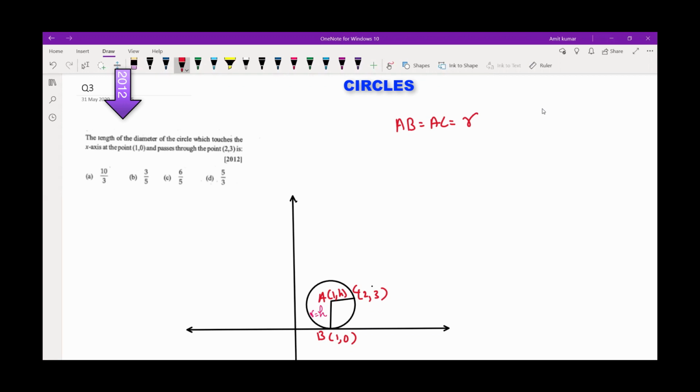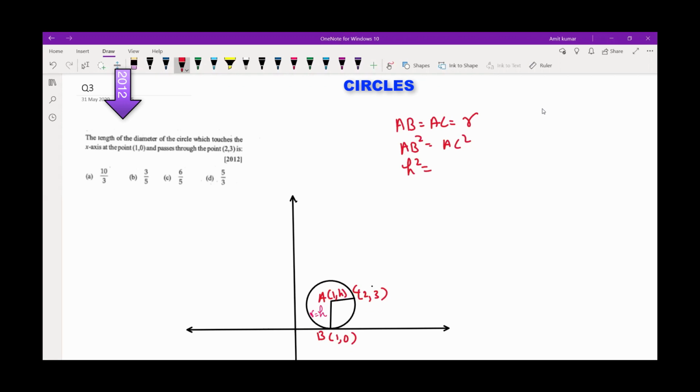Now if AB is equal to AC is equal to R, squaring, AB square is equal to AC square. As you all know, AB is h, so AB square is h square. If we apply the distance formula, then root of (1 minus 1) whole square plus (h minus 0) whole square, and after squaring we get h square.